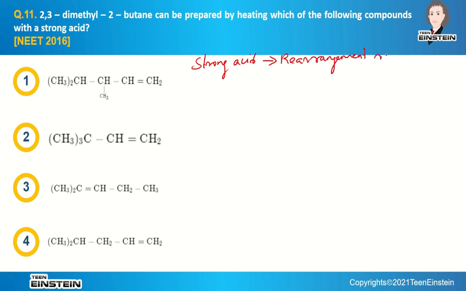In the first step, H plus is added to the compound. Here we take option 2, that is H3C single bond CH double bond CH2.